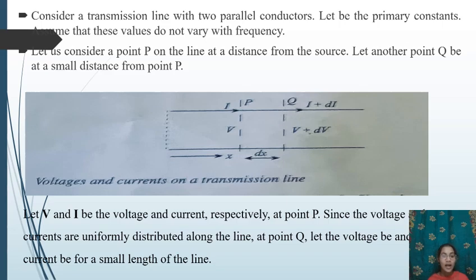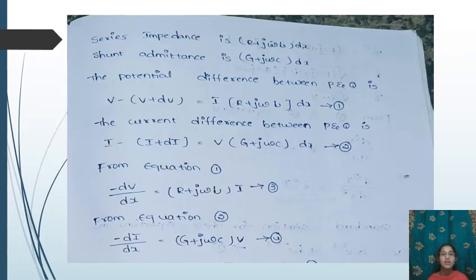Let V and I be the voltage and current respectively at point P. Since voltage and current are uniformly distributed along the line, at point P let the voltage be V and the current be I for a small length of line.